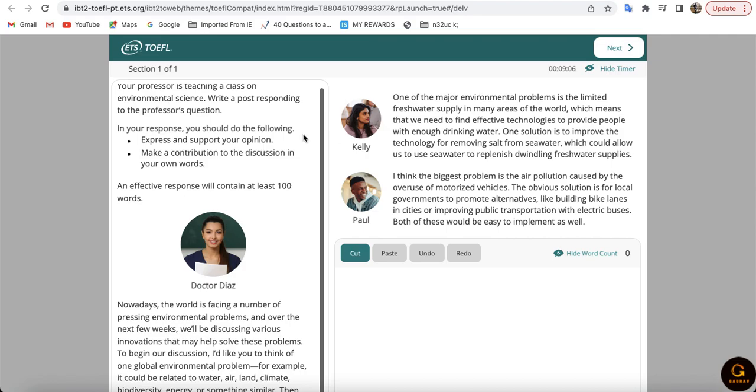As you can see, as soon as I have started this question, the timer has started. You can see the timer here, top right corner. In the real test it is just the same simulation. In the real test, the time allotted for this question is 10 minutes, and this 10 minutes comprises your writing and reading also.